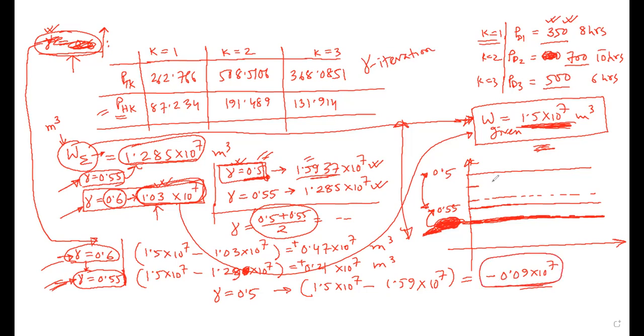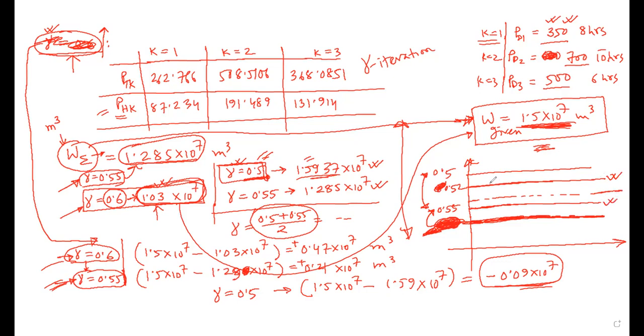In that case, the gamma will come here, between 0.5 and 0.55, so maybe it is 0.52, something like this. In this manner, slowly this difference shrinks. Remember, this is your actual W given, and this is your updated gamma.